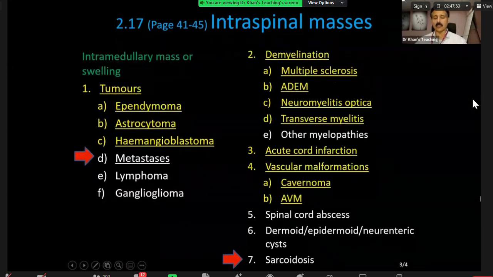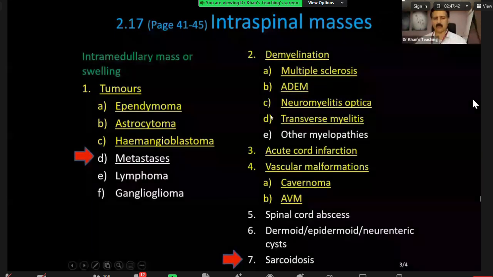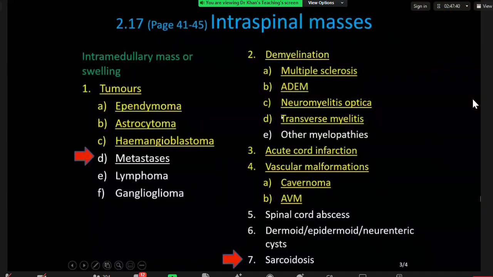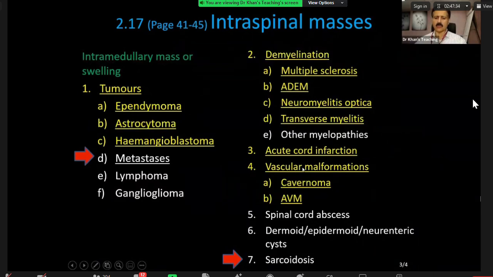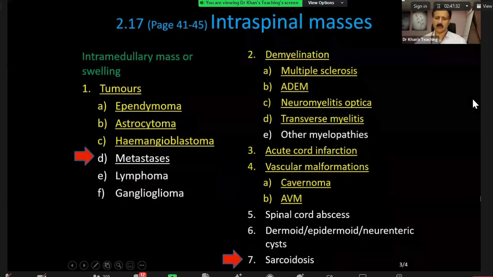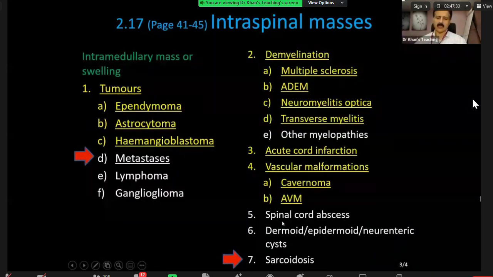Multiple myeloma, multiple sclerosis, acute disseminated encephalomyelitis, neuromyelitis optica, transverse myelitis. I will tell you today what is the difference between these. Cord infarction is important for the exam, and vascular malformations are important. All of these things are important. Dermoid and epidermoid have come in the exam, and again sarcoidosis, of course, can come.